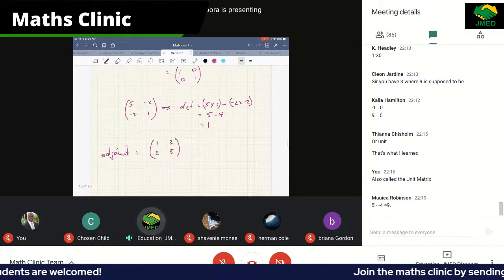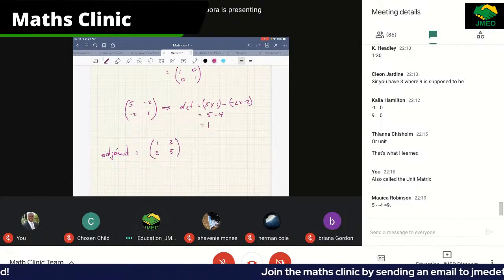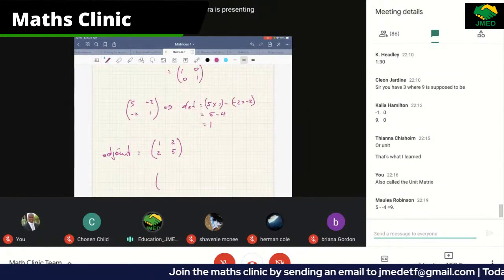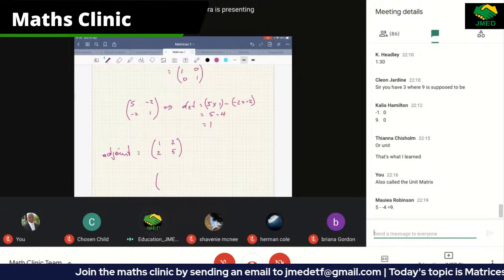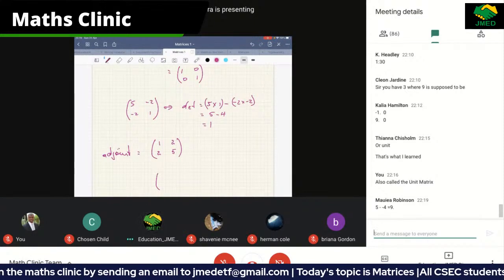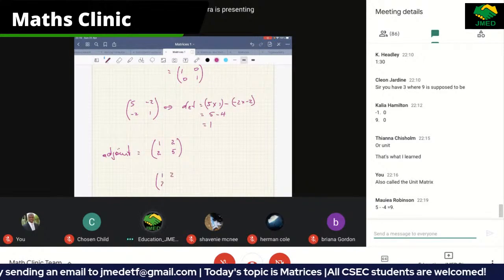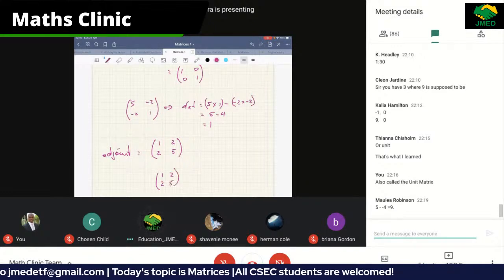So the inverse, therefore, would be, we don't have to put 1 over 1, and we don't have to put 1 on the outside. It's going to be 1, 2, 2, 5.